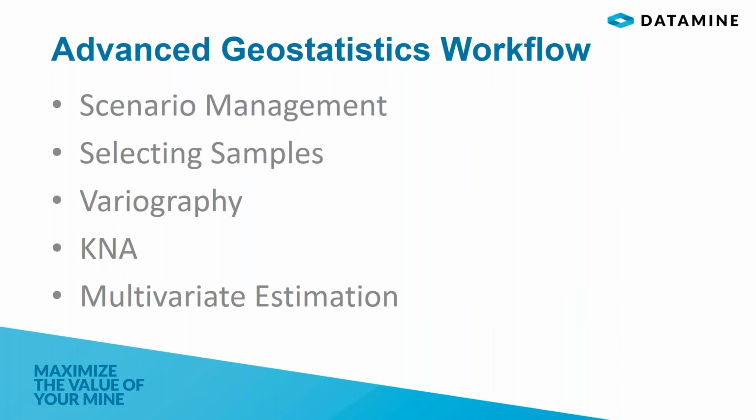Then we get onto variography, and this is where the fun stuff happens. The first step we have in there is looking at an anisotropy model. This allows you to look at a variance model in 3D and rotate that variance model so that you can identify the presence and the orientation of any anisotropy that may be found in your data.